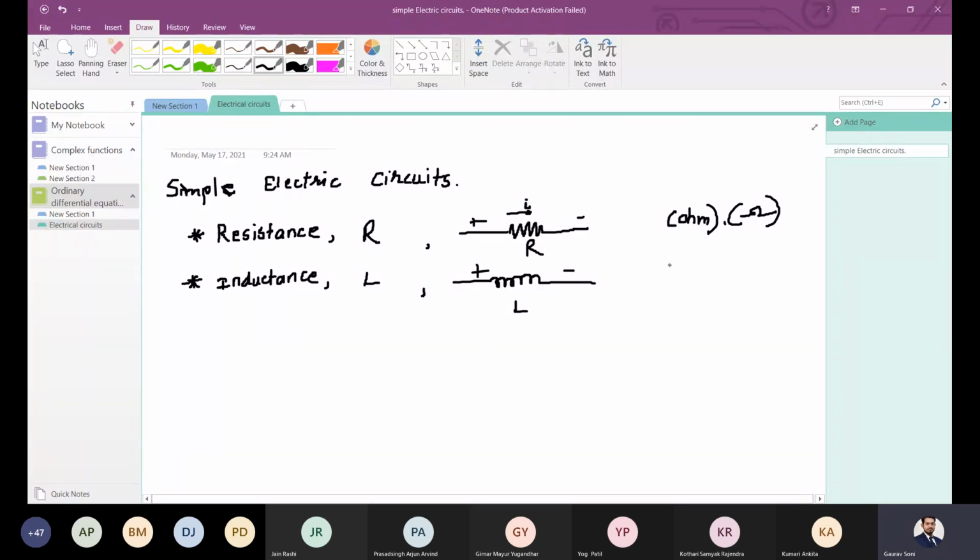Inductance is calculated in terms of Henry, and H is how Henry is given.